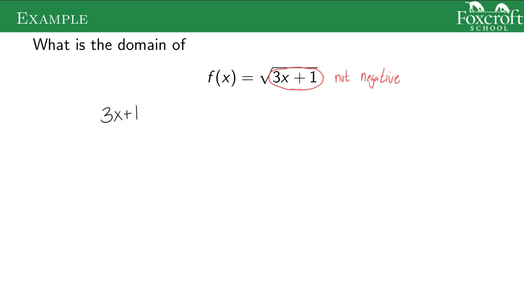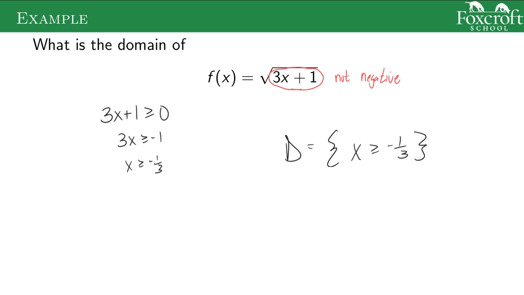We want to make sure it's not negative. Another way to say not negative is that it's bigger than or equal to 0. And then we just have to solve this inequality. So we subtract 1 first, and then divide by 3. So as long as x is bigger than or equal to negative 1/3, this square root is going to make sense. So the domain is all the x's bigger than or equal to negative 1/3. Right. Pretty simple. For all these problems, you just do the same thing.